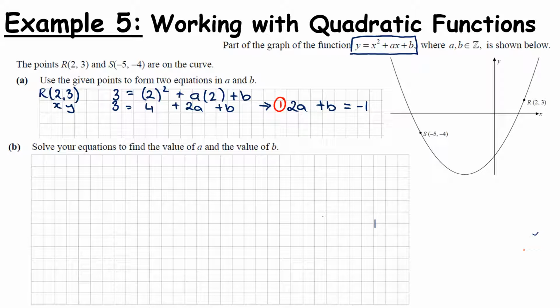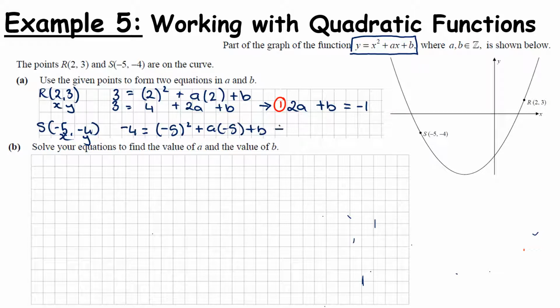We can do the same thing again for our second point, which is S, and that S is (minus 5, minus 4), which again is our x and our y. Our equation is y, which is minus 4, is equal to x squared, so minus 5 squared, plus a times minus 5 plus b.